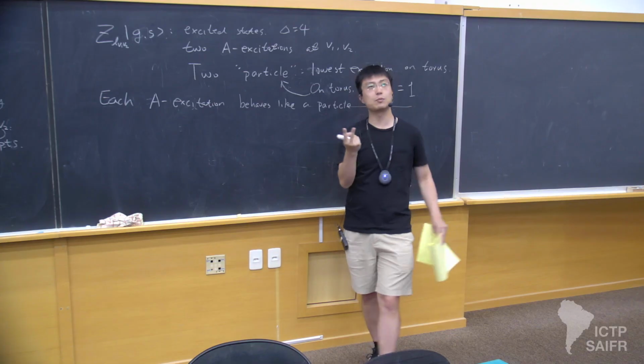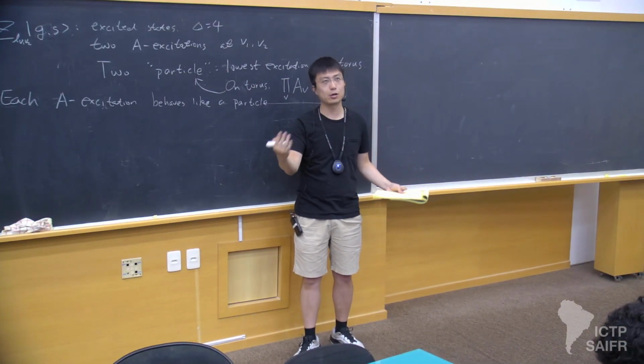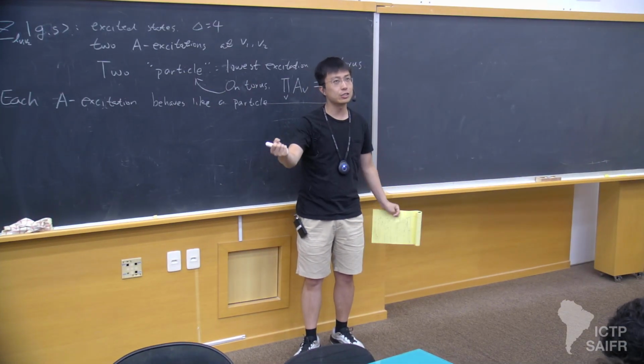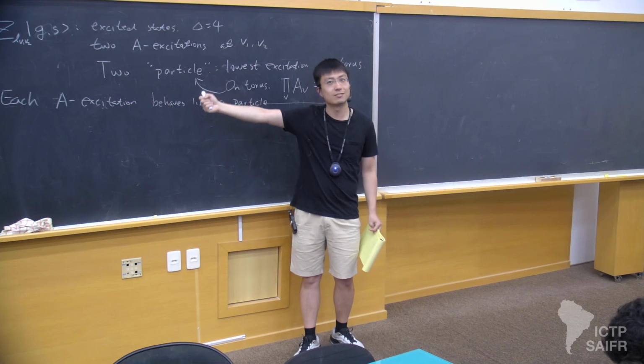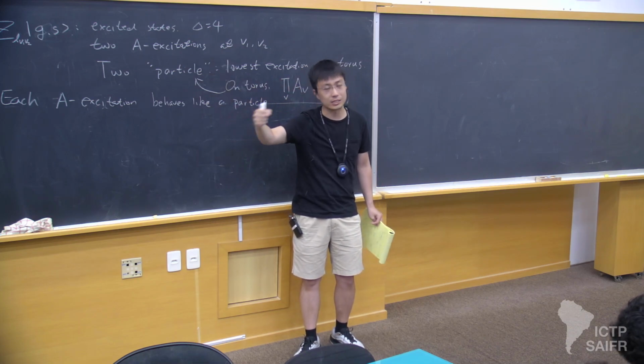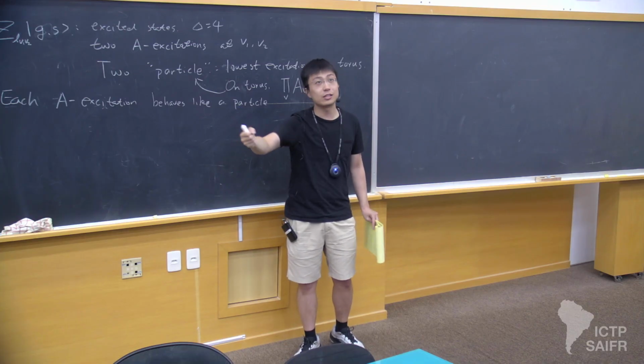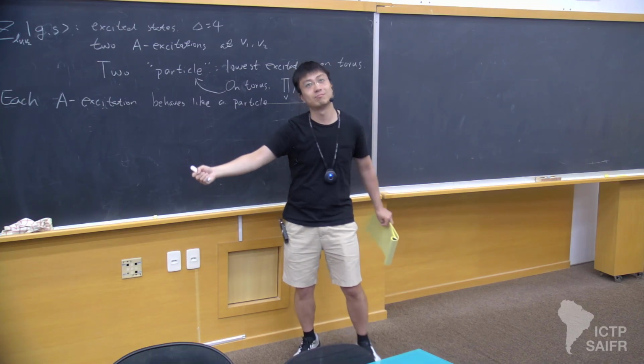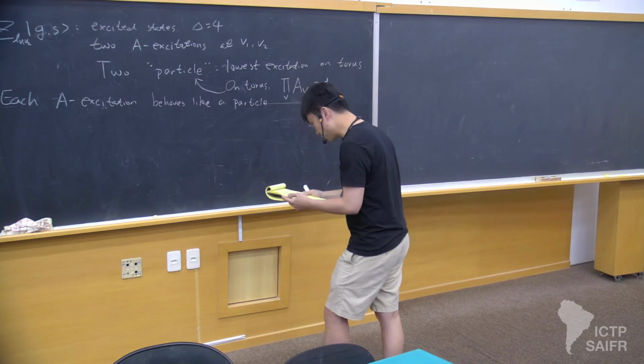Well, there are two key properties of what we normally call a particle. One, it carries energy, in which case it does. It's literally where this AV term gives you an excitation energy of 2. The other thing is a particle should be able to move around.